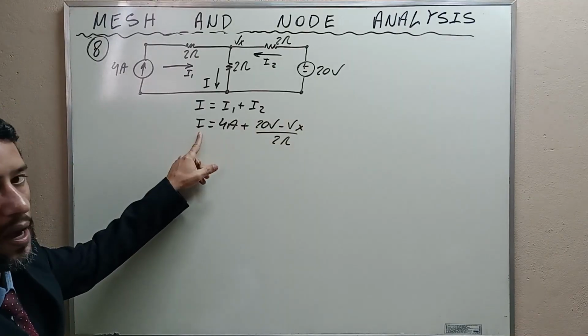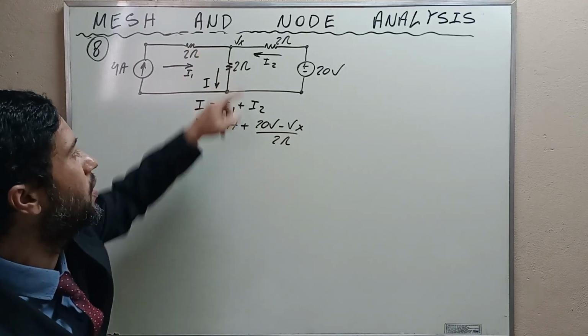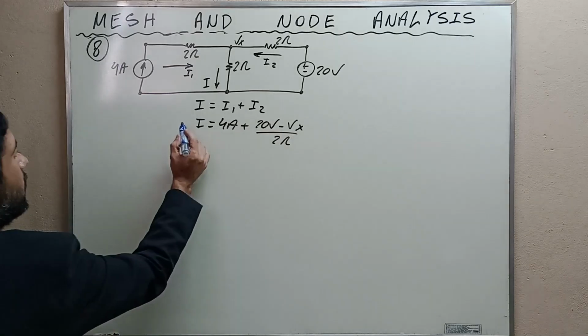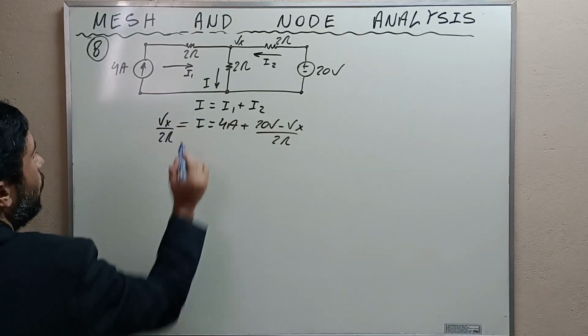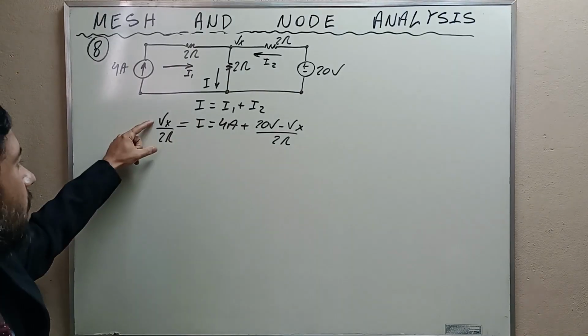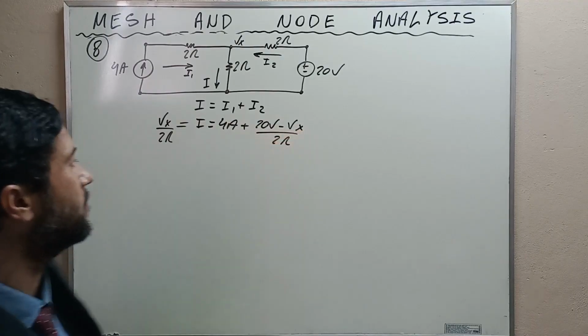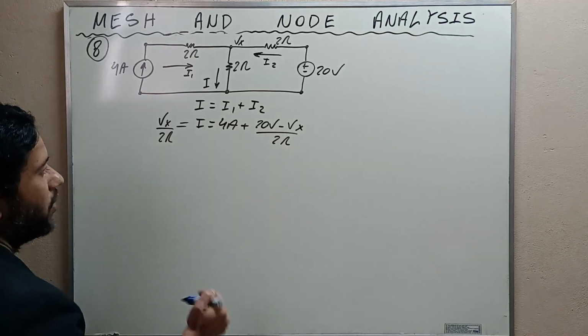Let's write I in terms of this voltage and this resistance. It is going to be Vx divided by 2 ohms. Now we have only one variable. We have Vx here and Vx here, okay? We are going to work on this equation here.